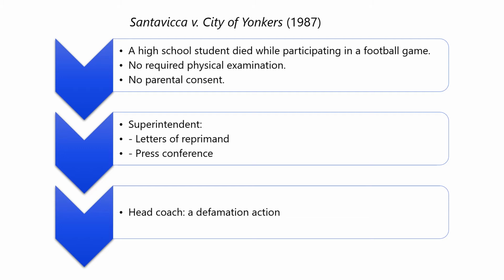One of the superintendent's letters asserted that the head football coach failed to follow the required rules and regulations for the operation of the interscholastic athletic program at the high school during his tenure as varsity football coach. However, the letter made no mention of responsibility for the student's death.